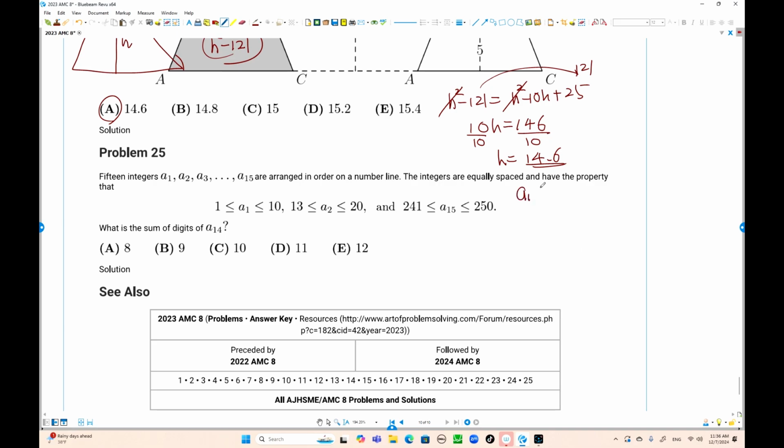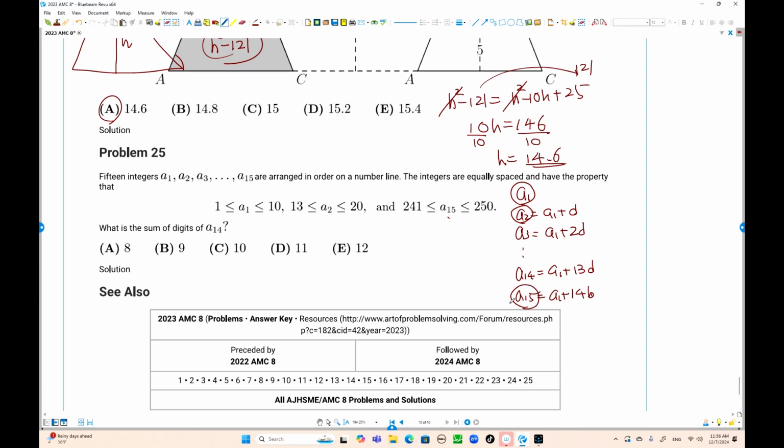So a1 equals a1, a2 must equal a1 plus d, right? So a3 equals a1 plus 2d, and that is an arithmetic sequence. a14 is a1 plus 13d, a15 is a1 plus 14d, right? But we got only this one, and this one is given.